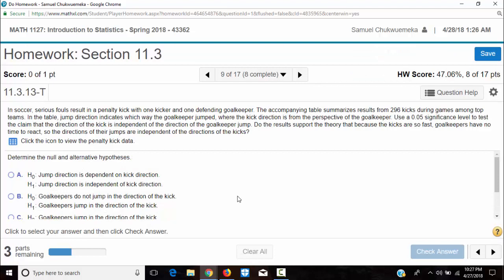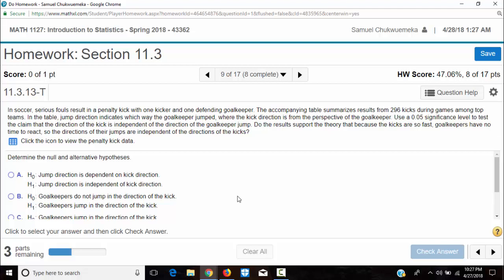Question 9. In soccer, serious fouls result in a penalty kick with 1 kicker and 1 defending goalkeeper. The accompanying table summarizes results from 296 kicks during games among top teams. In the table, jump direction indicates which way the goalkeeper jumped, where the kick direction is from the perspective of the goalkeeper.